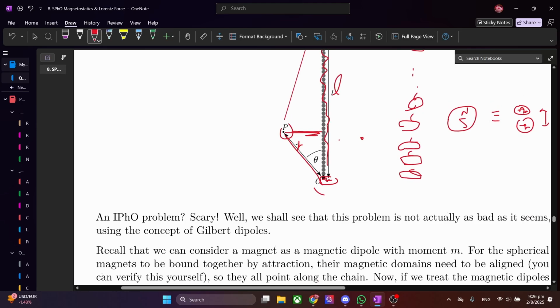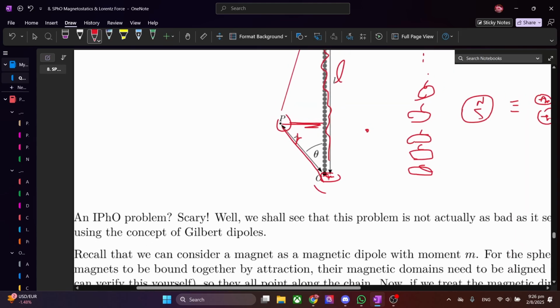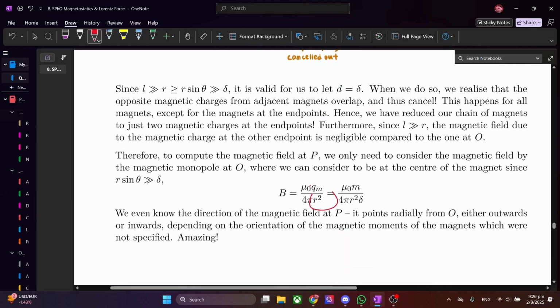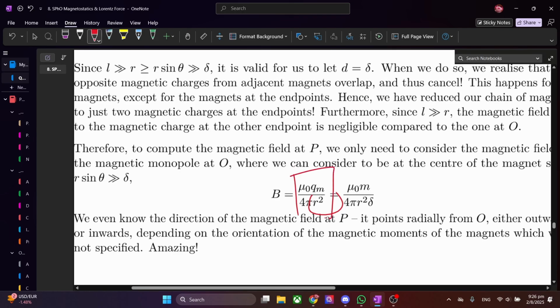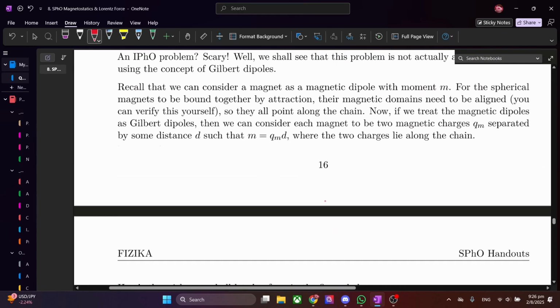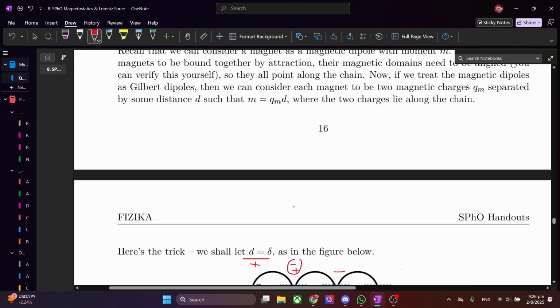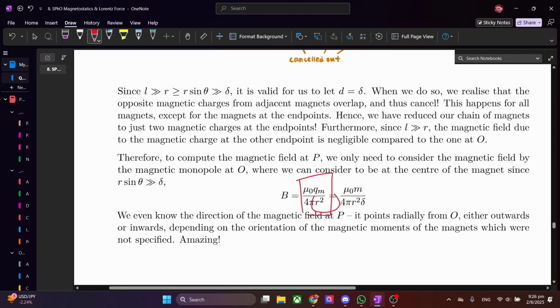So all we need to do is to find the magnetic field by this singular magnetic charge, which just obeys the quote-unquote Coulomb's law, which is this. From there we've already basically obtained the magnetic field strength at this point P, which is this.